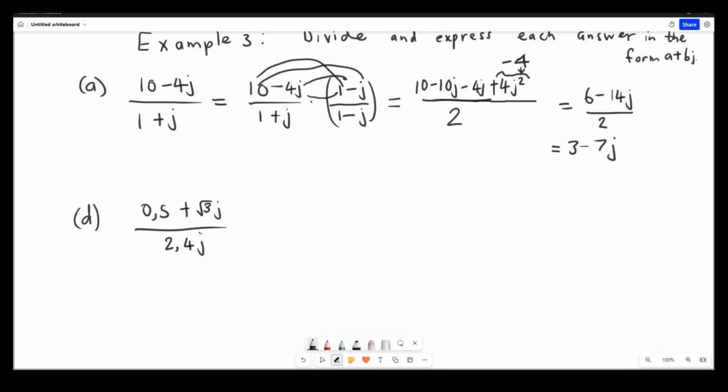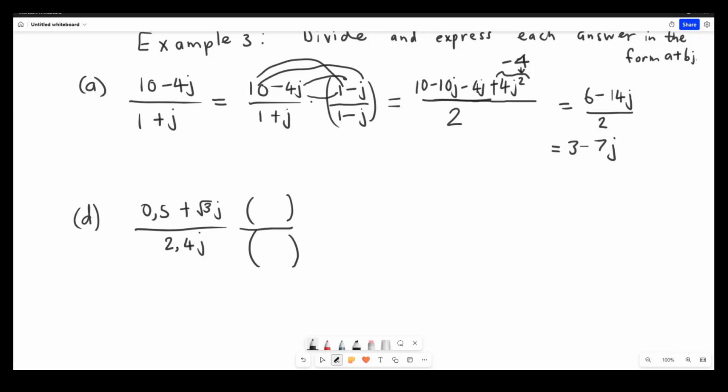So I want to know from you now, what will I multiply with here on top, and what will I multiply with here on the bottom? Can anyone venture an answer?